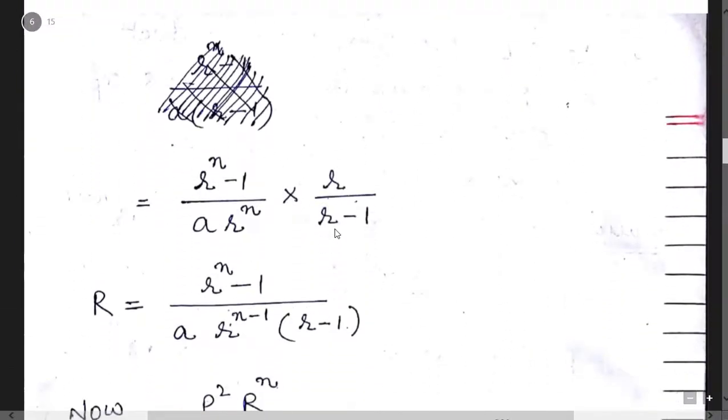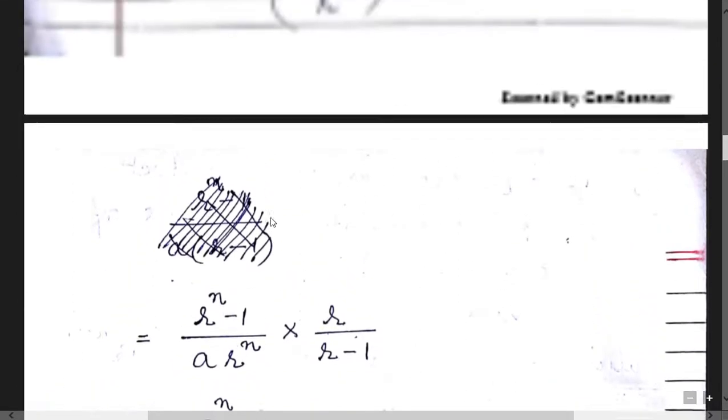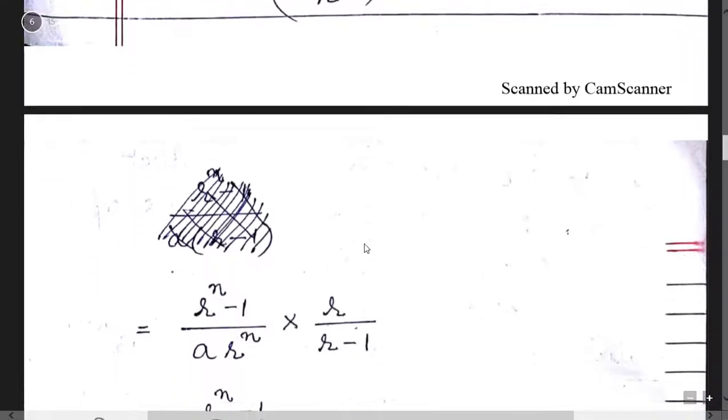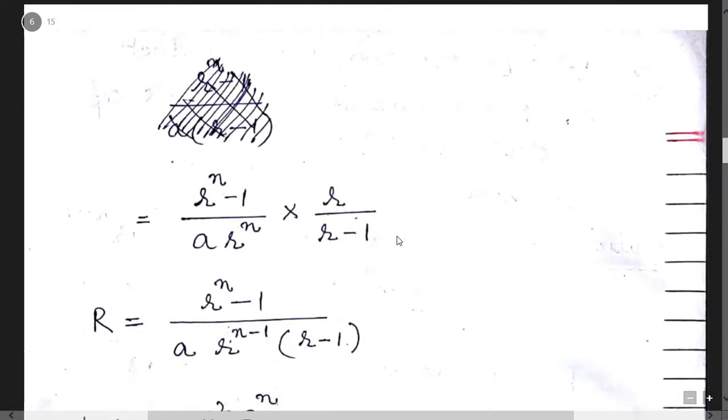Then you can invert the term in the denominator. R raised to power n minus 1 divided by A into R raised to power n. From here you can write R raised to power n minus 1 over A R raised to power n, and you can invert these terms, R divided by R minus 1, then shifting with the numerator.